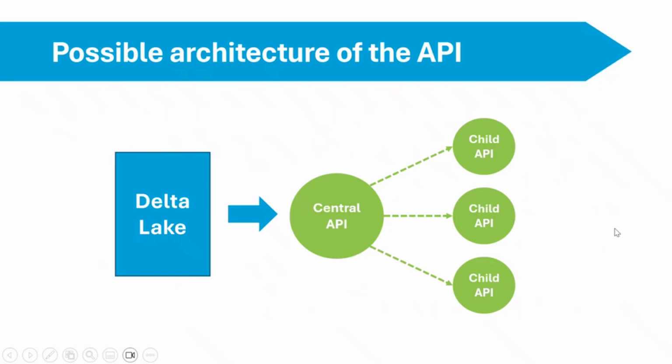Because if you're in the tens, you can do security groups and whatever you want, and it's fairly easy to set up. And if the amount of APIs basically explodes, then you need to maybe think about doing something else using the central API, or do I even need these?